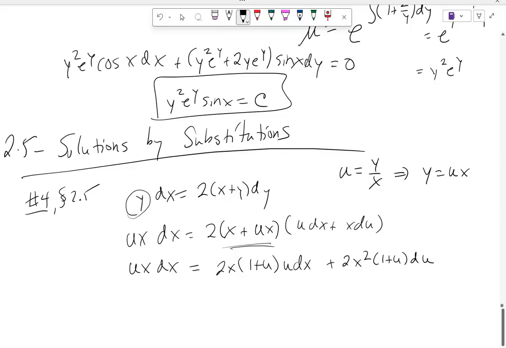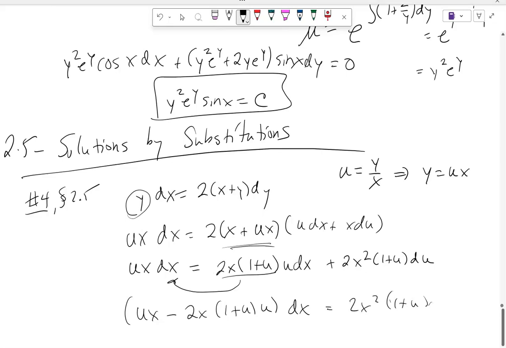All right. Let's see what we've got. Notice if we move this over to the other side now, we can pull out the dx piece. I'll write it as ux minus 2x(1 plus u) times u dx equals 2x squared (1 plus u) du.